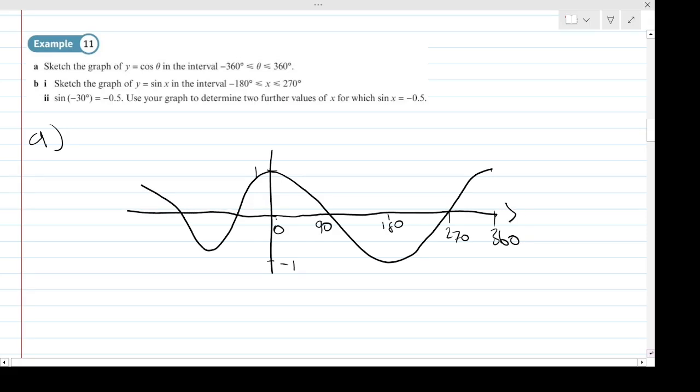No, this would be theta, wouldn't it? Theta here against y, because it's not x, it's theta here. Anyway, the next 90 degrees backwards would be here. That would then be minus 90 because we're on the negative axis. Then it goes down here at minus 180, and then minus 270. Then it goes back to 0, and then it shoots up here to 1.